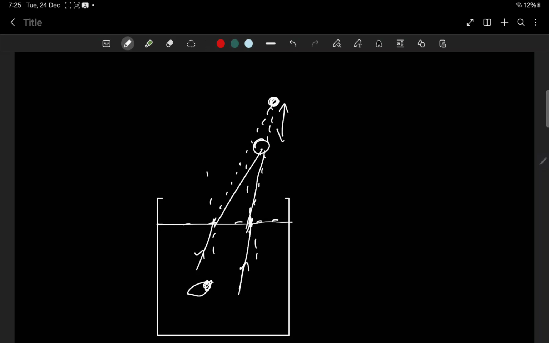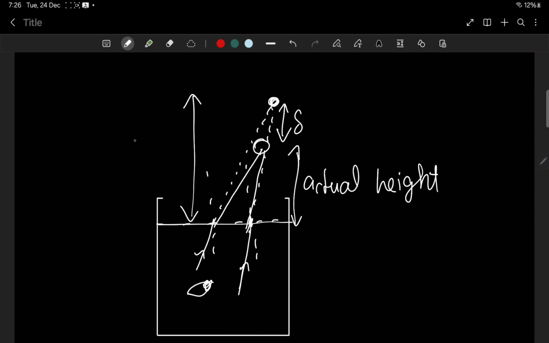That is, some shift is happening. The original height is the actual height. Now the height is being increased. Now the apparent height is greater.